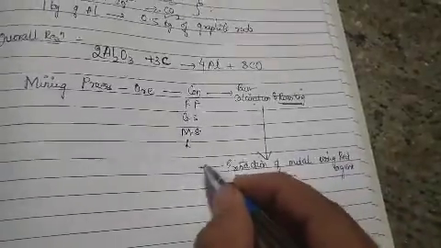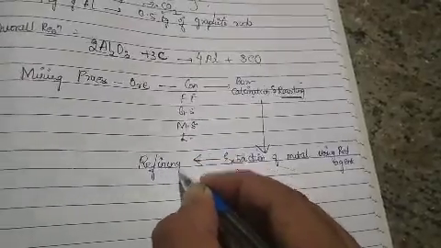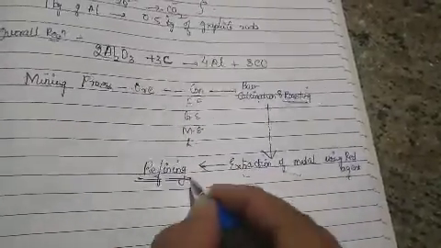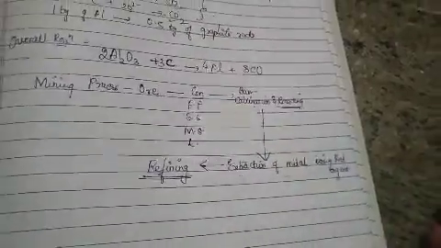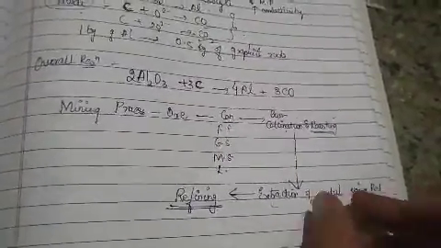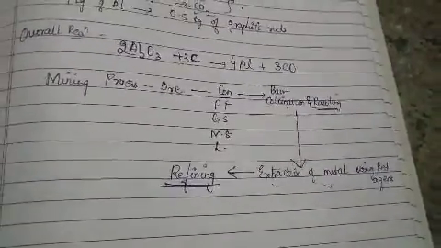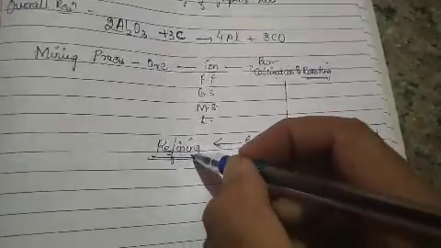So the final process, which we are going to see in our next video, is the ultimate final process for the extraction of the metal, which has different categories under this heading, called refining. Once the metal has been extracted, it is further subjected to a process called refining.